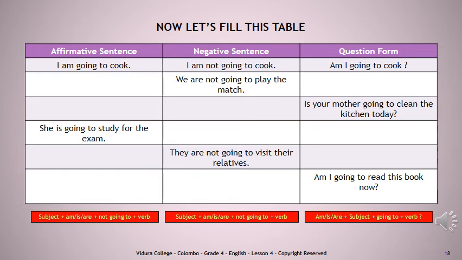Yes. Am I going to cook? With question mark. So like that, can you fill this table? My dear children, look at the bottom of each column. There I have given you the structure of each sentence pattern.